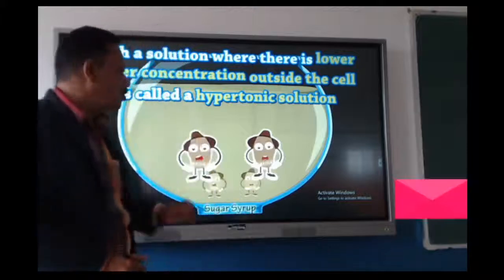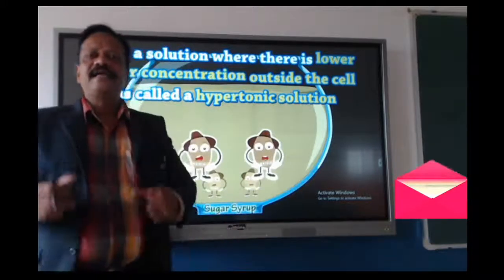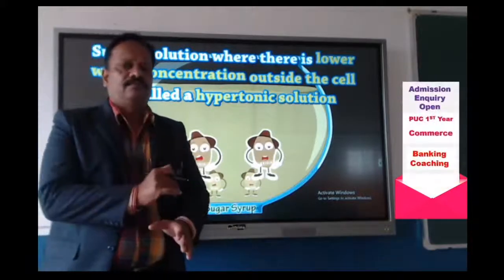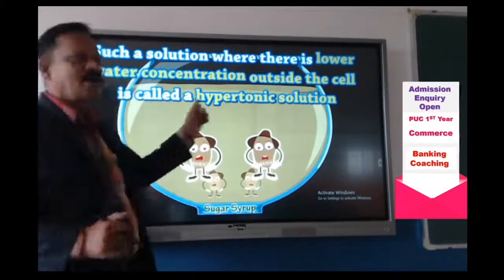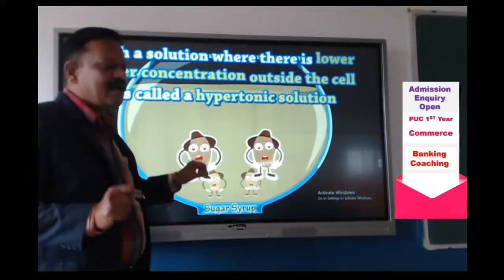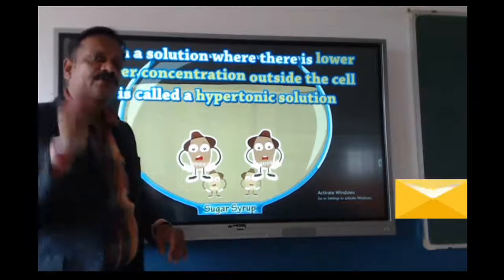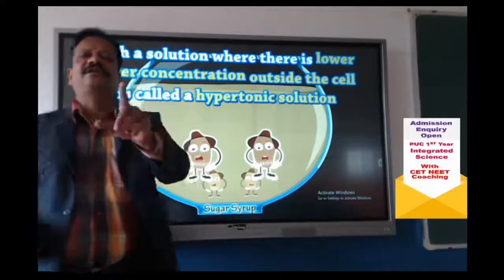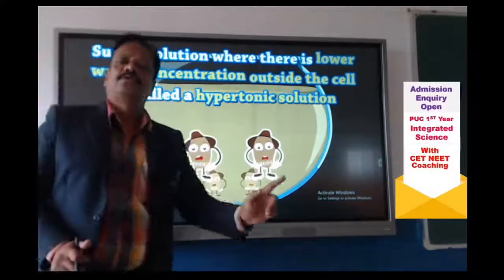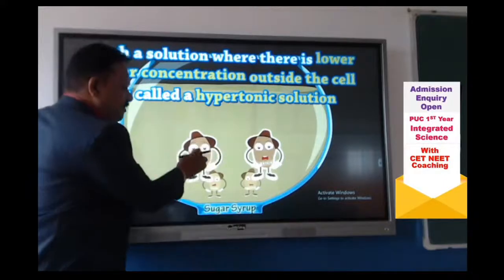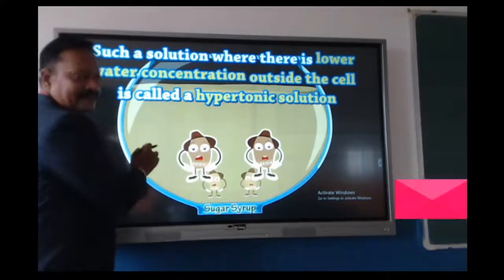Now what happened is the purity of water outside has decreased. So external water concentration is less, internal water concentration is more. So water moves from the region of higher concentration to the region of lower concentration. From inside the raisin, the water is coming out.